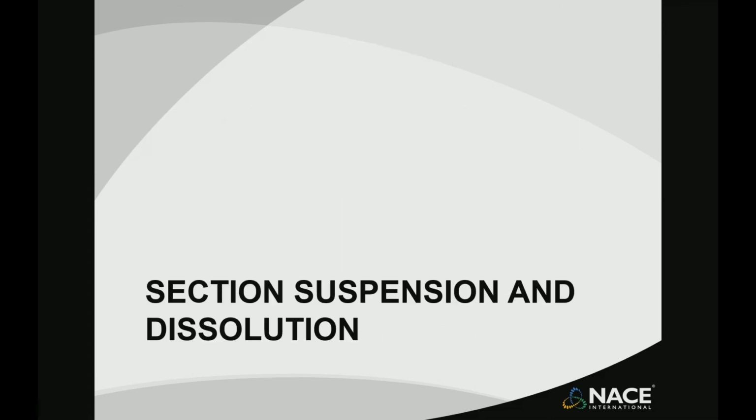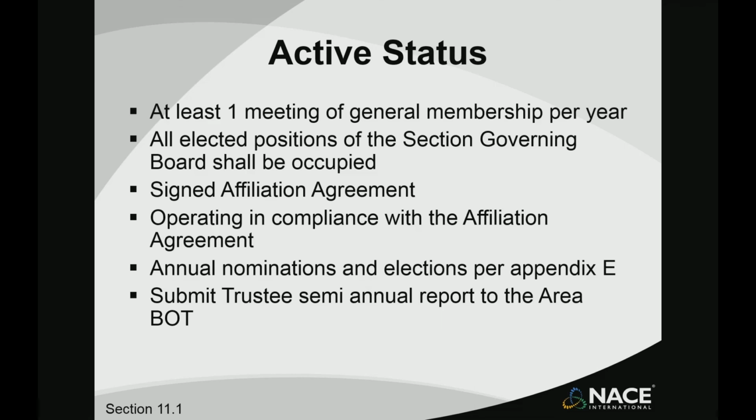Section suspension and dissolution. For a section to remain in active status, they must hold at least 1 meeting of general membership per year. All elected positions of the section governing board shall be occupied. They must have signed the affiliation agreement. They must be operating in compliance with the affiliation agreement.